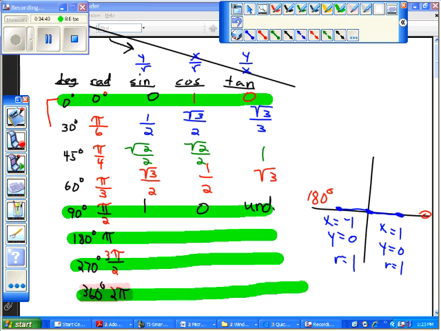So we're going to compare 0 to 180. If the sine of 0 is 0, the negative of 0 is still 0. If the cosine of 0 is 1, then the cosine of 180 is the negative of that 1, which is negative 1.